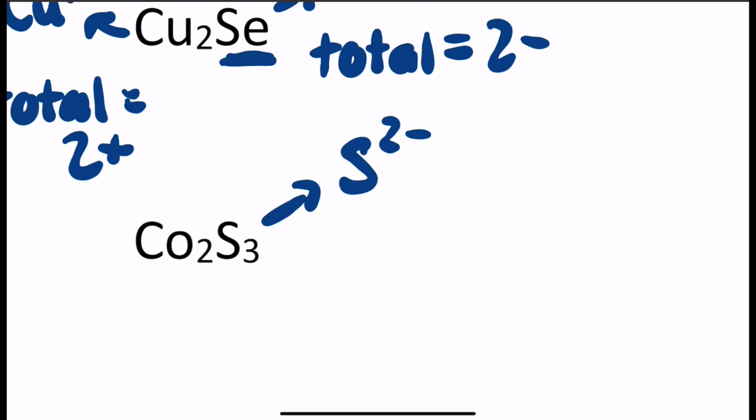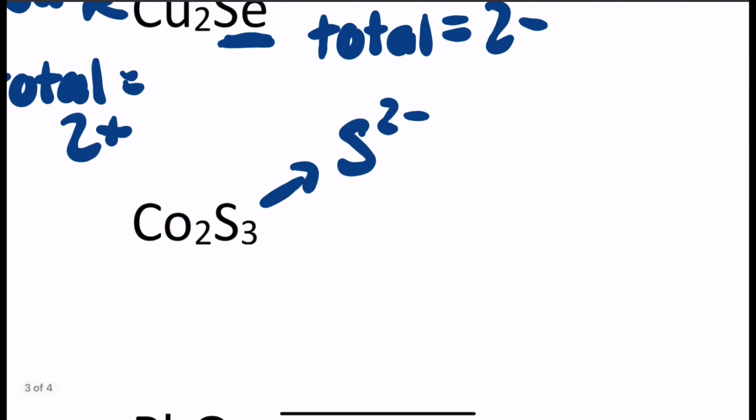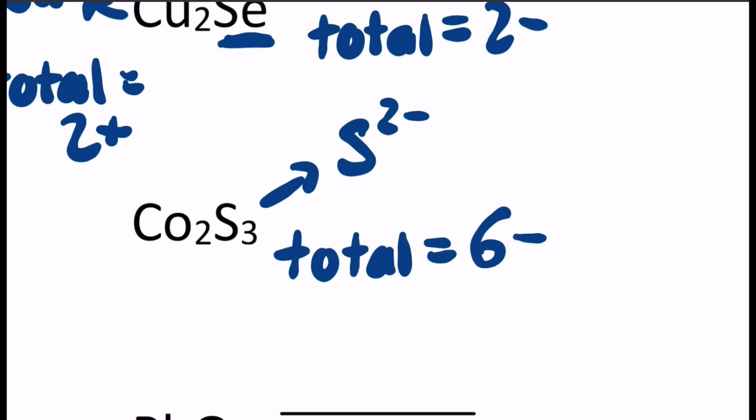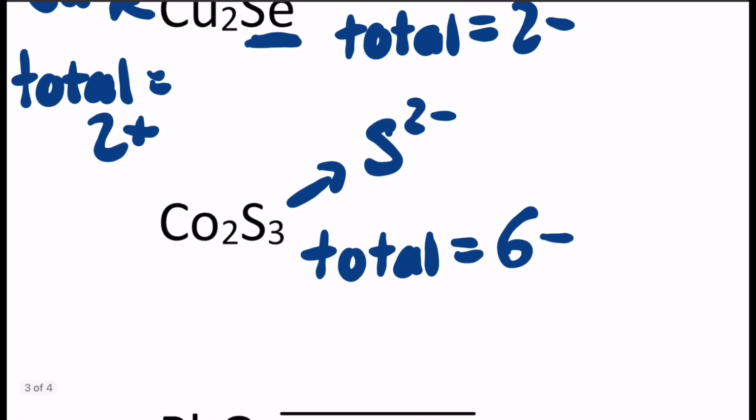Now, this is where we have to be logical. There's 3 of these sulfide ions. So a 2 minus charge times 3 of those, the total negative charge here does have to be a -6, which means on the positive side of things, that must be canceled out by a total positive charge of +6.